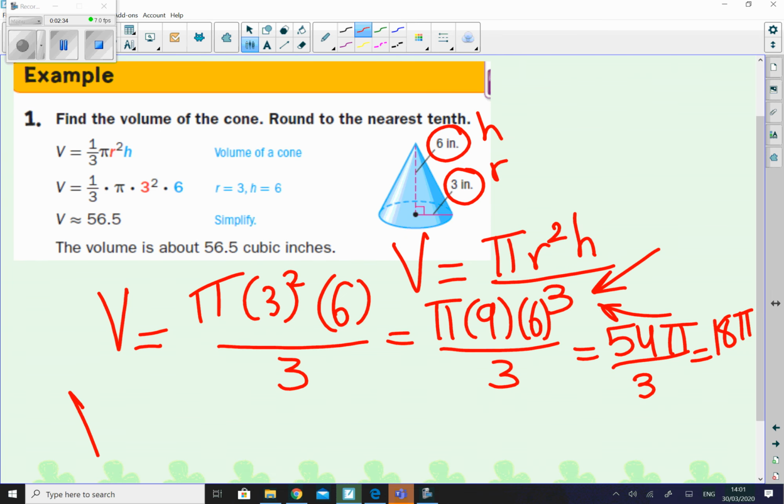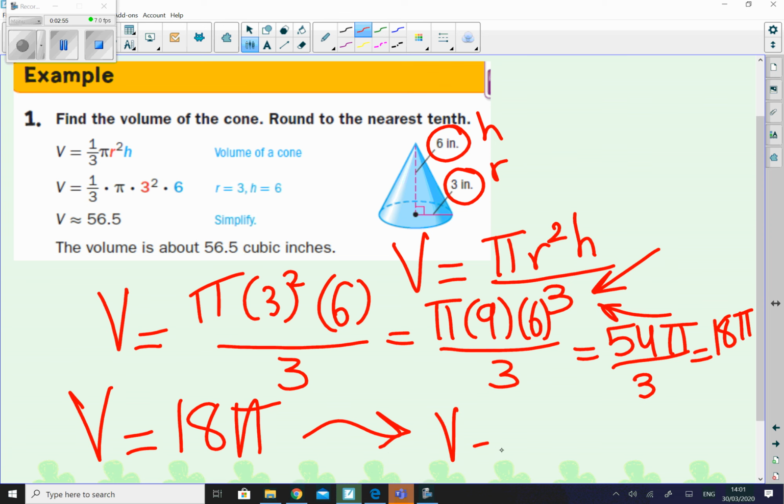So the volume is going to be 18 pi. Of course, if you want to find it not in terms of pi, the normal way, you are going to multiply 18 times 3.14, which is the value of pi, and you will get the answer 56.5. So that's how you find the volume of a cone.